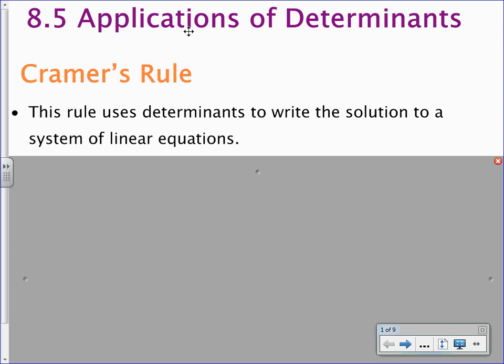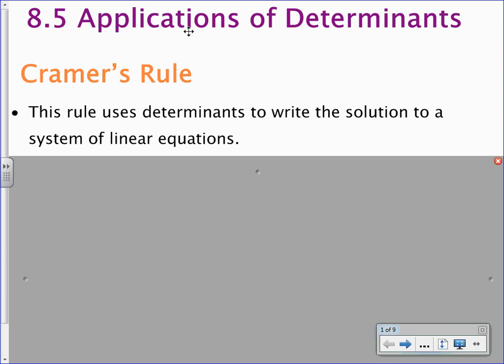Okay? So first of all, Cramer's rule is another way to solve a system of linear equations. So that worksheet that I gave you on Friday, on the cafeteria side, you guys used matrix equations to solve them. Maybe you did row echelon form to solve them.